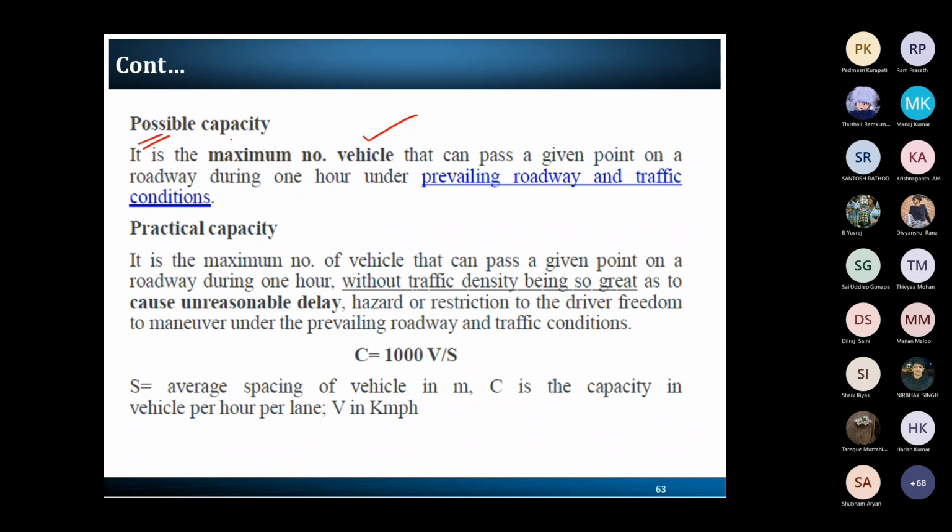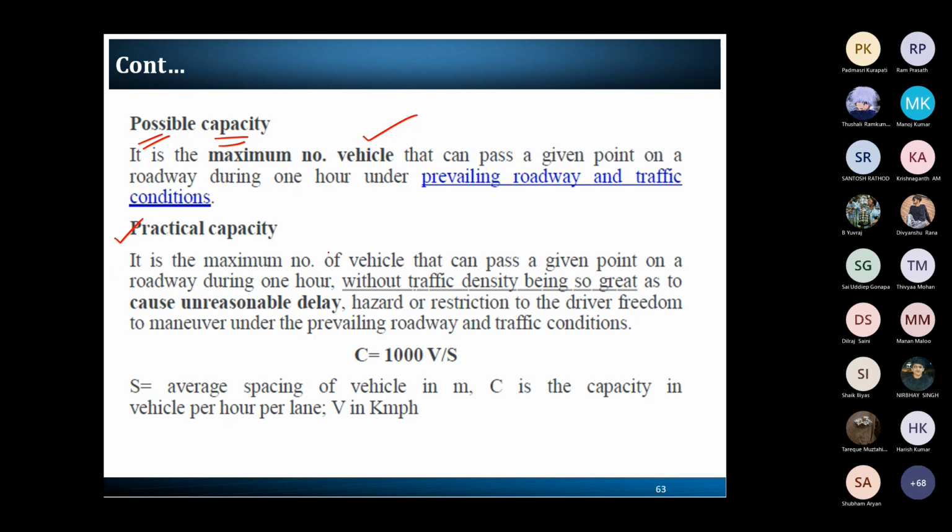That is defined as the possible capacity. Then the practical capacity is to avoid all these disruptions: what can travel? That is defined as the practical capacity.